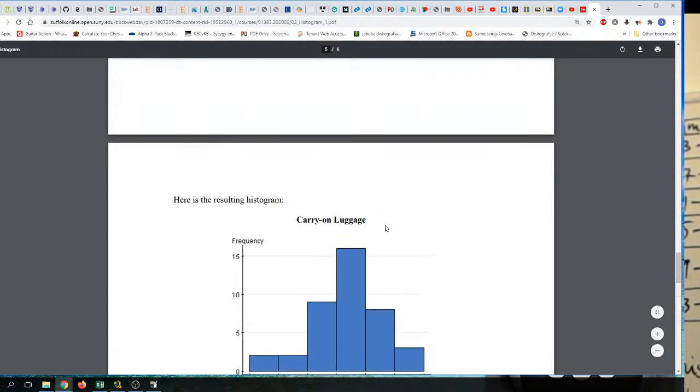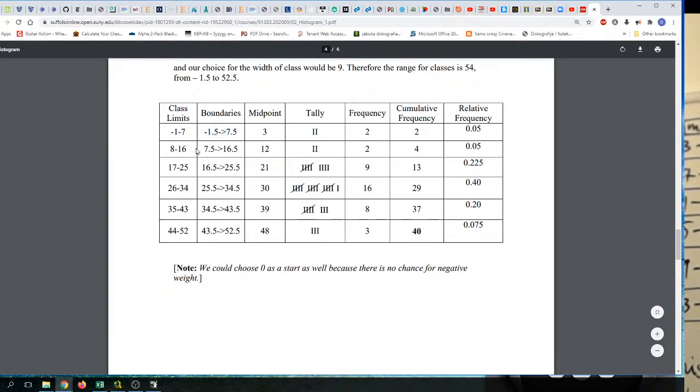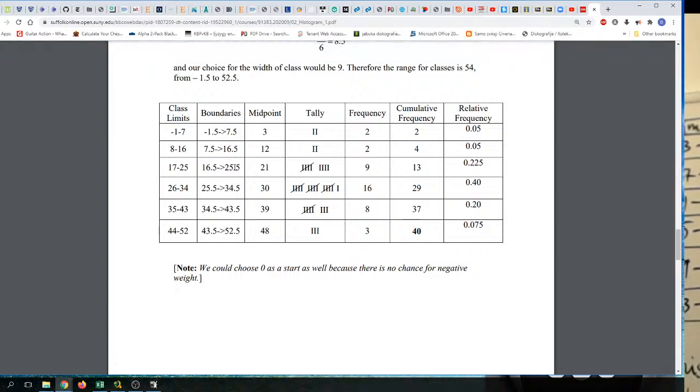I did not make another histogram that would use the boundaries between 0 and 9, 9 to 18, 18 to 27, 27 to 36, 36 to 45, 45 to 54. I'm leaving that to you. Make that histogram.